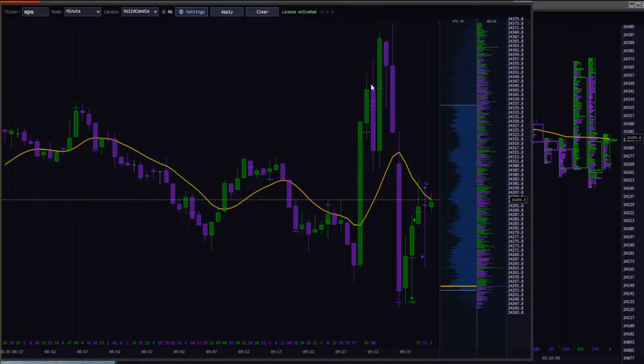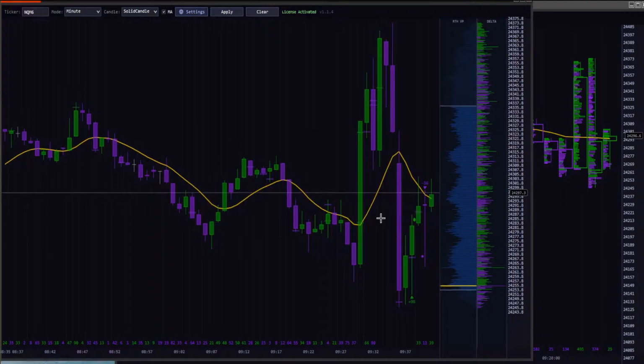We're right in the middle of this range right here. You look at the 5 minute. The first 5 minute delta was 495, then you got negative 374. We're just right here.